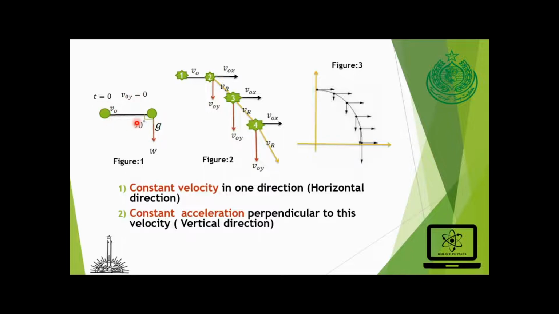The object is moving horizontally due to the initial velocity, and vertically due to the gravitational force. So this is the first position. The object is moving horizontally due to the initial velocity, but also moving vertically downward due to the gravitational force.